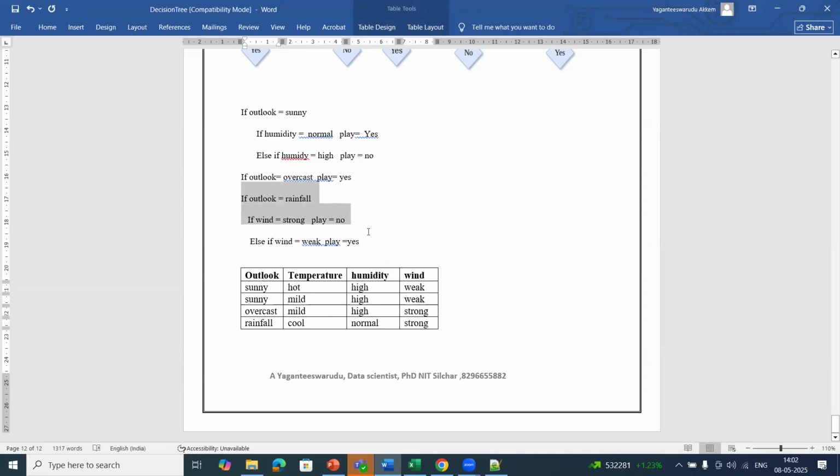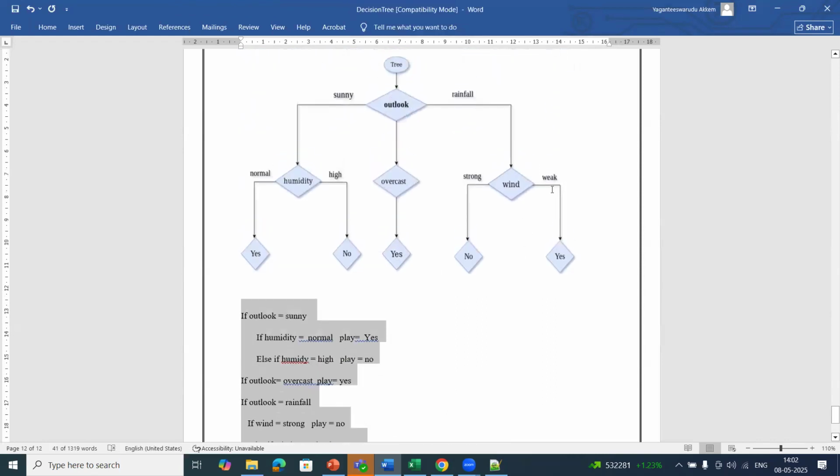Which if statement will it execute? It will execute this if statement. If it is rainfall, what do I need to check? Wind. Here wind is strong, so play will be no. So for this fourth record, play will be no, because it will execute these simple if else statements. It will follow these if else statements once you are able to construct your decision tree.